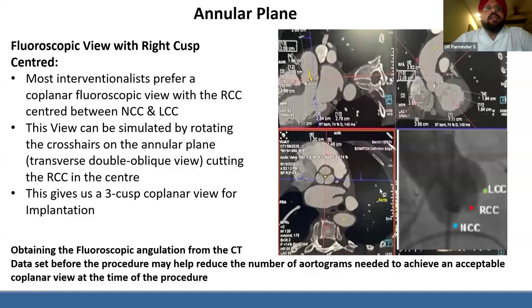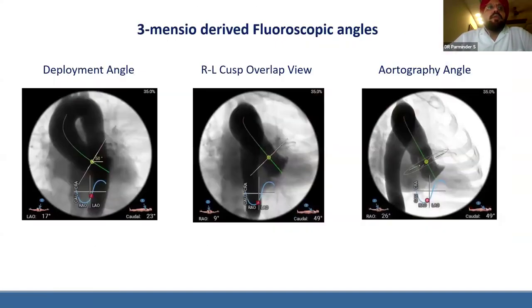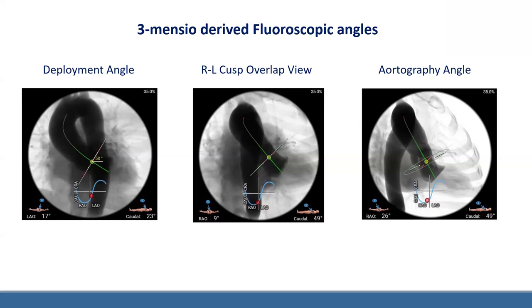So this is how we identify the fluoroscopic angle for the coplanar view. And with Remensho, they are all automated, right? So we need just a click, for the deployment angle, for the right-left cusp overlap, and for the aortography angle. Aortography angle is used to assess aortic regurgitation after the device implantation.